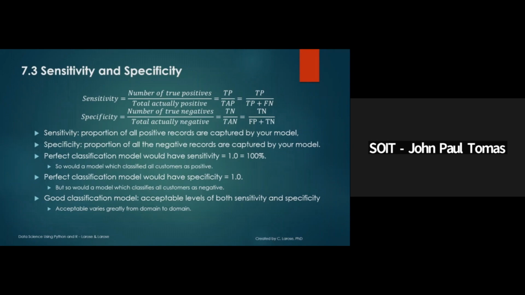Now take note that a perfect classification model would have a sensitivity of 1.0 or 100%, and also a specificity of 100% as well. But again, there should be an acceptable level for a good classification model, with a balance between sensitivity and specificity.